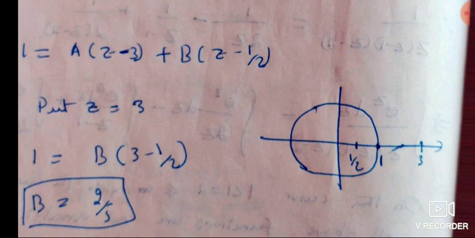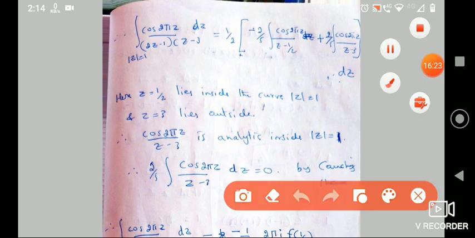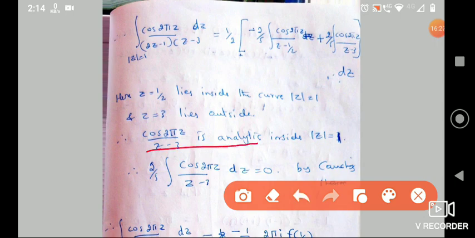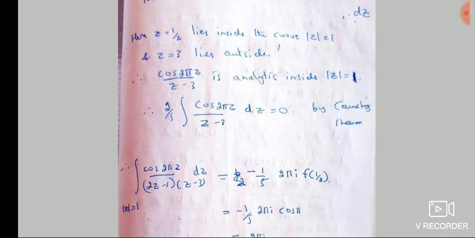At point 3 only it is not analytic, right? That comes outside. Inside it's all analytic. So I can use Cauchy's integral formula, sorry, Cauchy's theorem, and by Cauchy's theorem, see here, cos 2 pi z by (z minus 3) is analytic inside modulus of z is equal to 1. So the whole thing will become 0 by Cauchy's theorem.